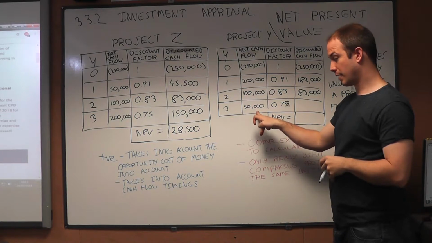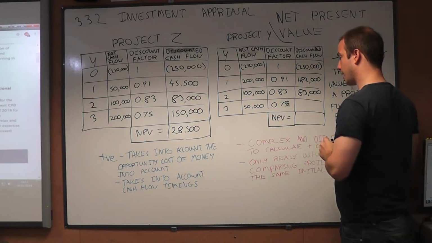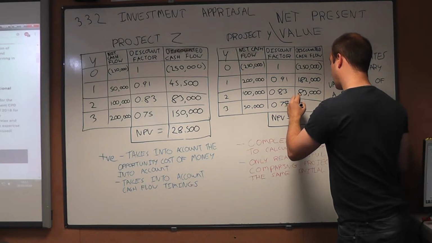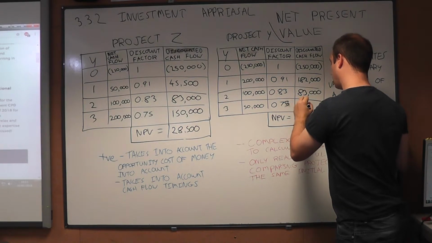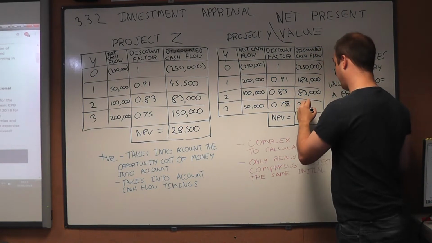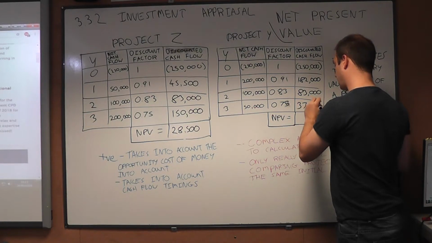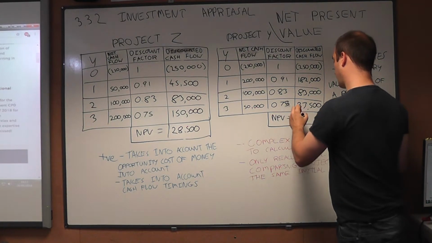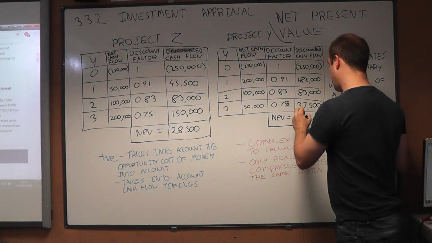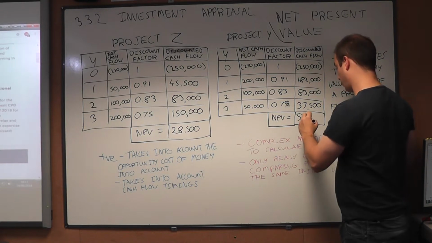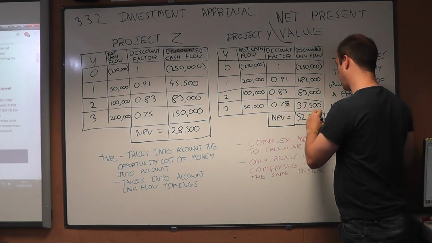And £50,000 times 0.75 gives us £37,500. If we add all of these up, we get a net present value of £52,500.